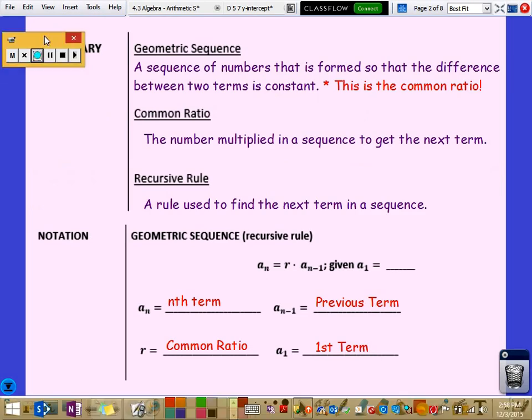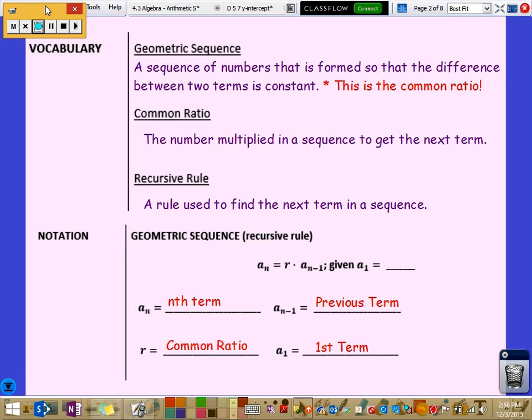So we've got some new vocabulary we definitely need to address. We have geometric sequence, which we've actually talked about before. It's a sequence of numbers that's formed so that the ratio between two terms is a constant, and this is called the common ratio.